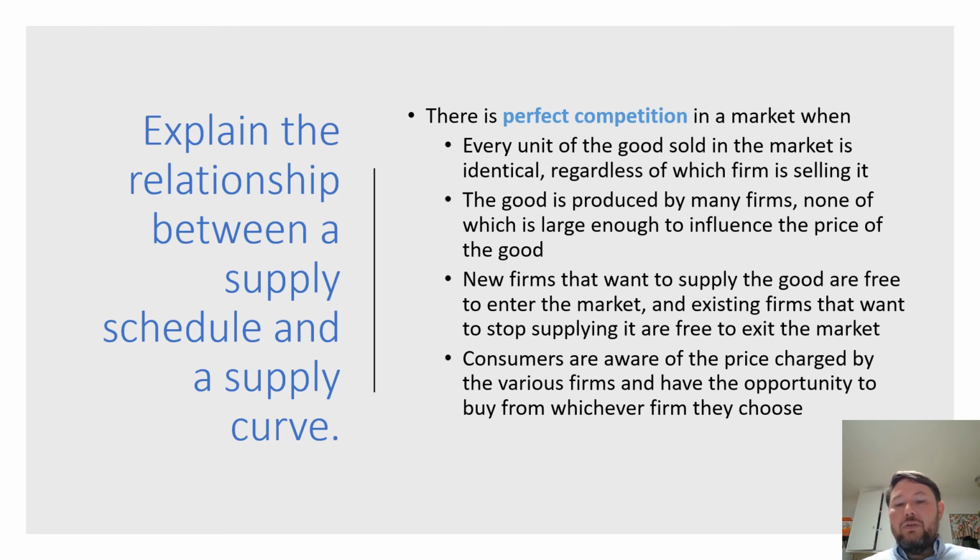And secondly, consumers are not always aware of the price charged by the various firms. If you only know what one firm is charging for its product, but not the other firm, it's going to be hard for you to make a decision, and we're going to consider that to be something other than perfect competition in a market.